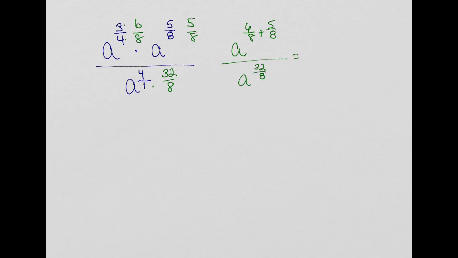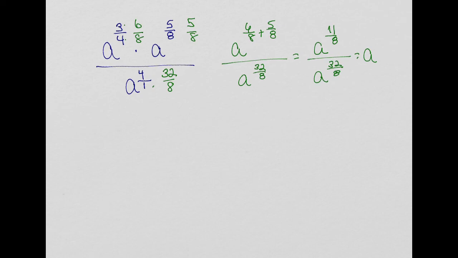And we're adding in the numerator. 6 plus 5 gives us 11. And now we're subtracting. So 11 minus 32, that's going to give us a negative, but it would also make sense to go ahead and put the larger number on top.